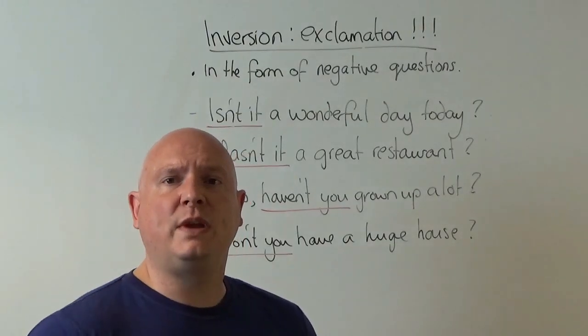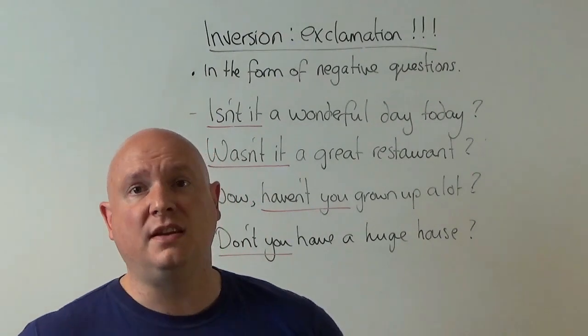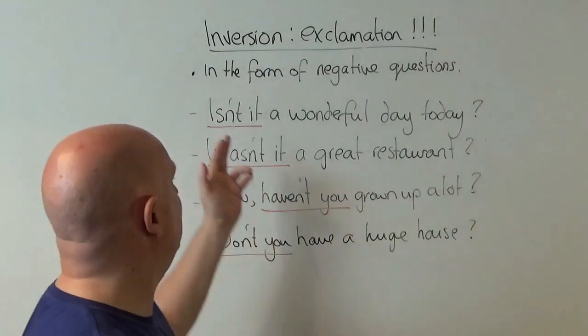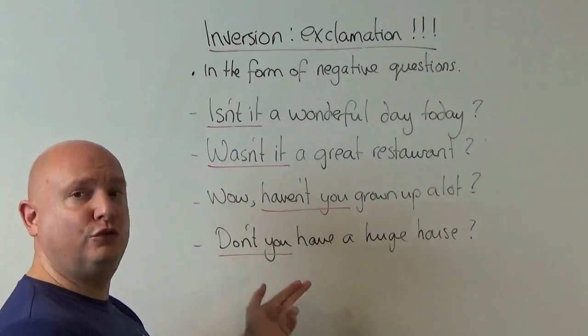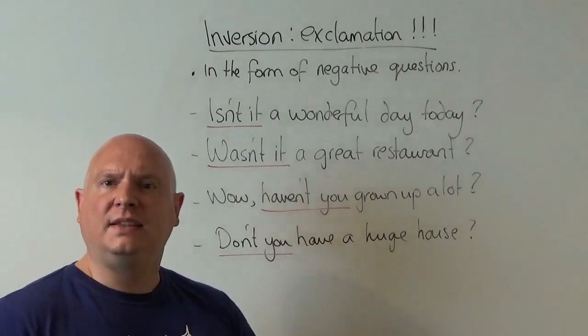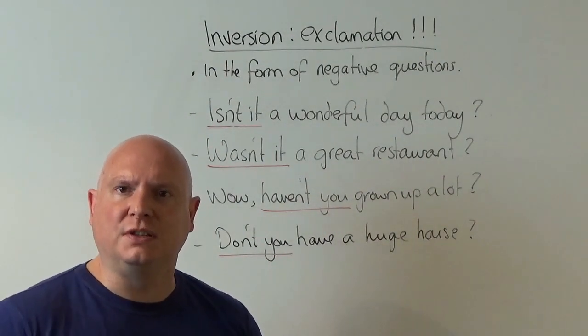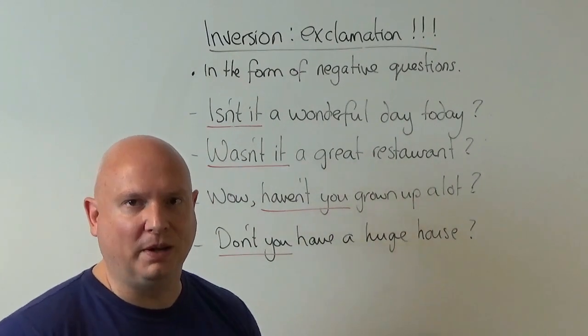So my friends, here we have inversion as exclamations, and these are used in negative forms. As you can see, my auxiliaries are negative here, isn't, wasn't, haven't, don't, and you can see question marks at the end. It's interesting because they're exclamations, but they're in the form of questions. This is where English gets a bit complicated.